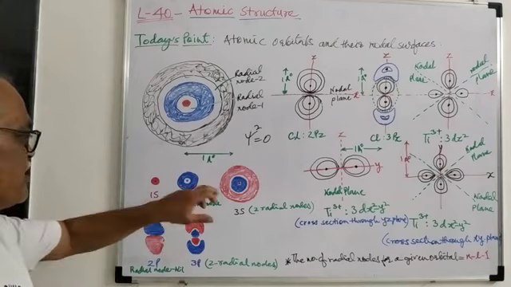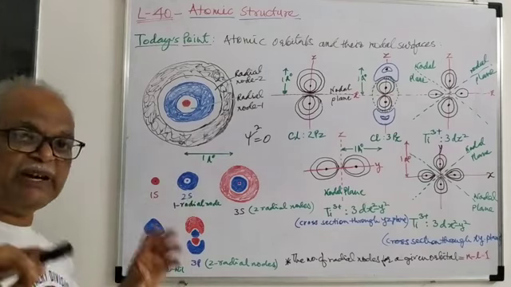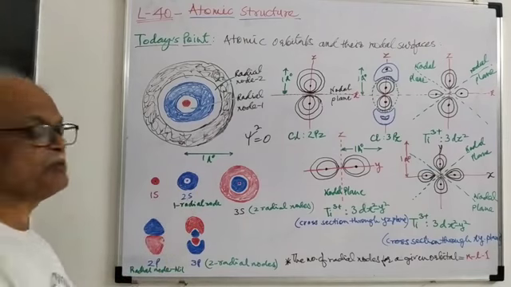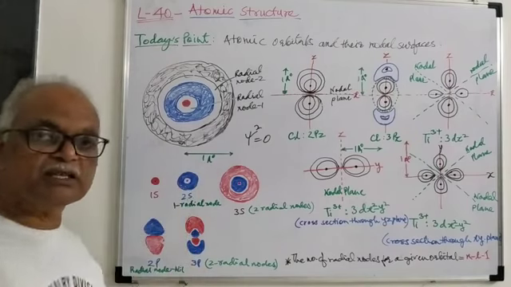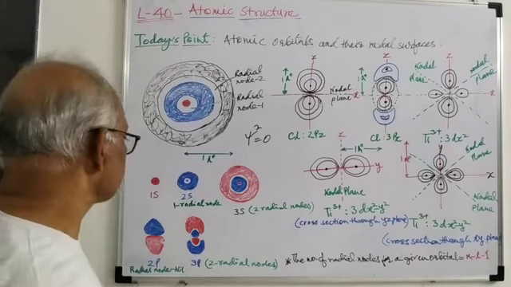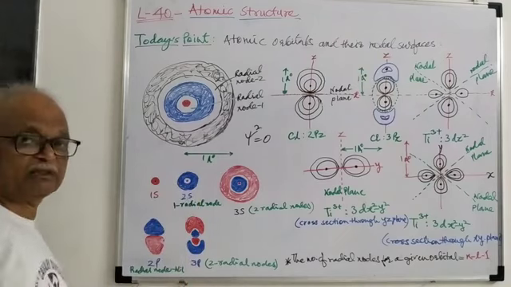Then the 2s orbital is like this. If we compare the size of the atomic orbitals, the 1s shown here is very small, and the 2s surrounds it, shown in blue color.